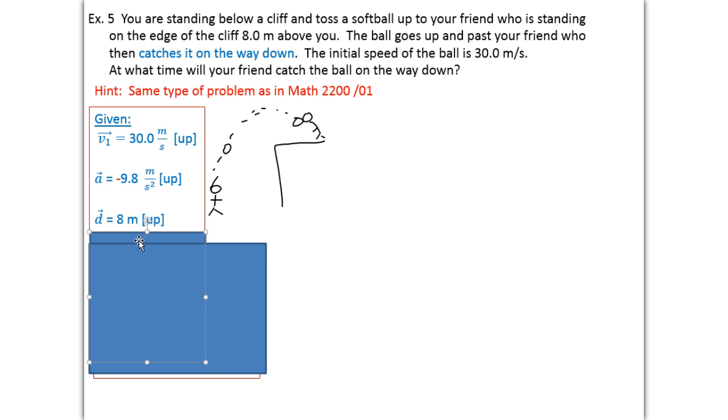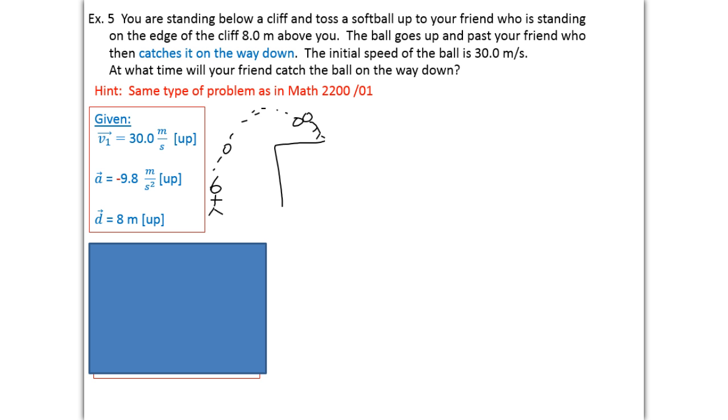And the distance the ball travels is 8 meters, since the cliff is 8 meters above you. So you have velocity, acceleration, and distance, and we need to find time.